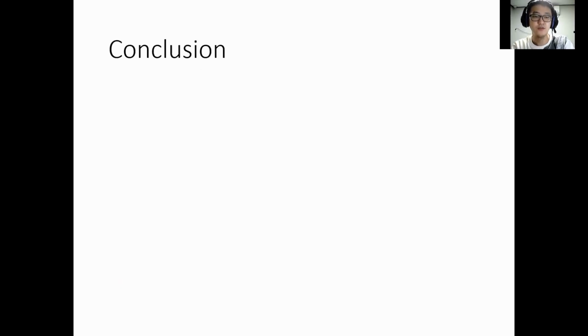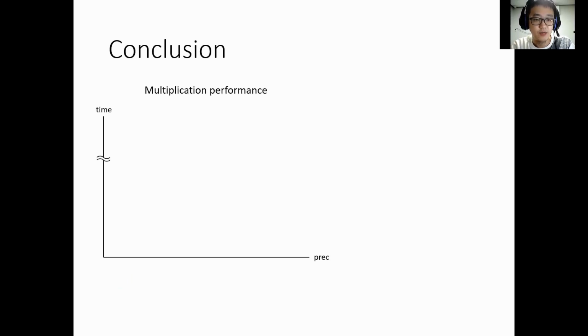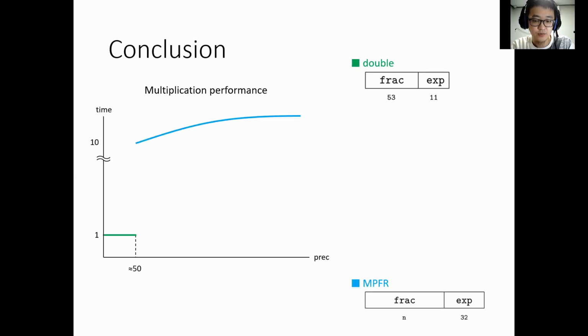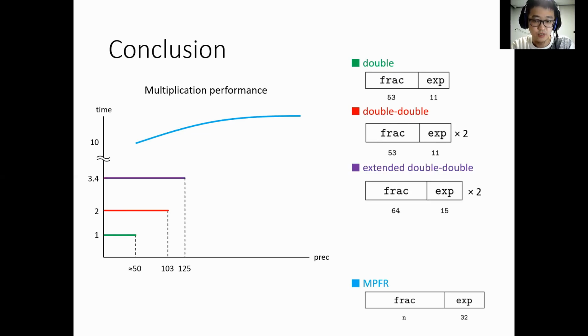Okay, let's conclude this talk. Going back to the first slide, iRRAM used the double data structure for initial precision, then moves on to arbitrary precision. But now you can put in this double-double that provides almost double precision, and you can also provide extended double, but for the efficiency region, we will not implement this extended version.